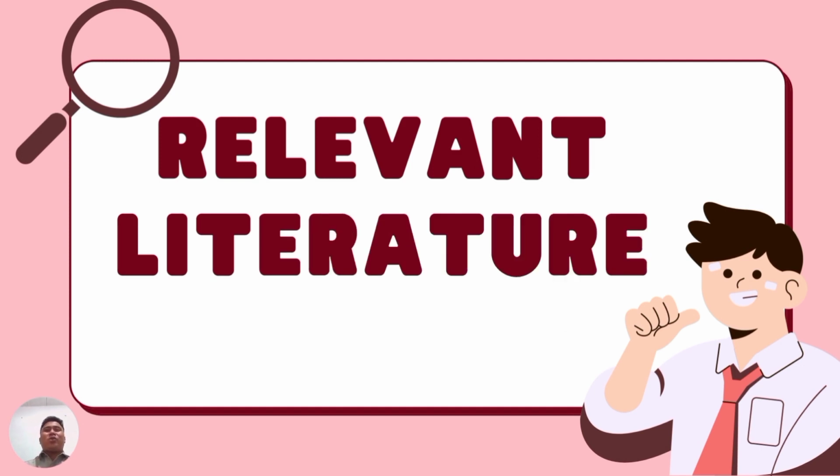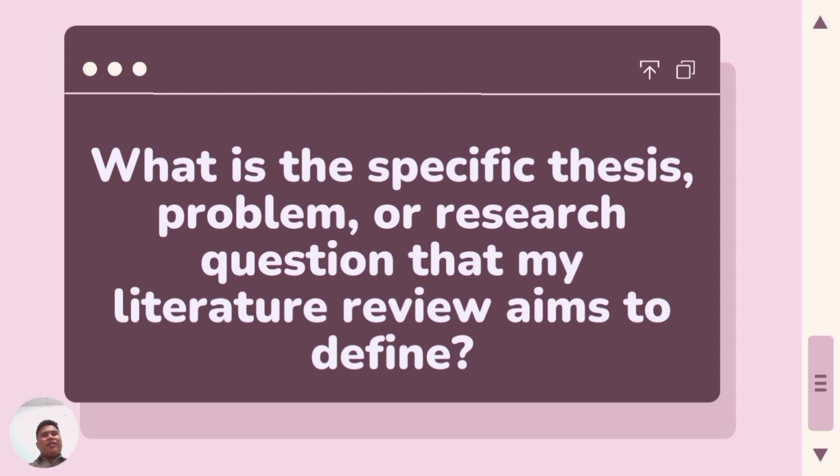Now that we know some of the reporting verbs in research and their examples, including the pattern of constructing statements, let us proceed to finding relevant literature in relation to your research. Here are the things to consider before you search for relevant literature.